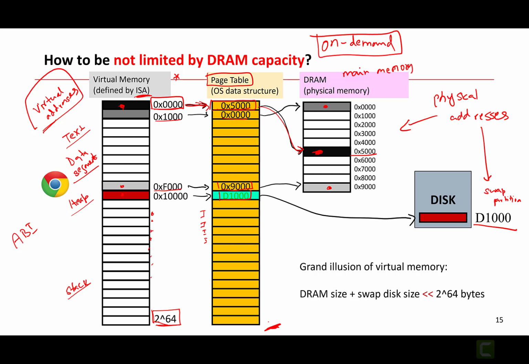Now if you think about it, the overhead of such a translation table will be huge, because we have a huge number of addresses. We don't even have space to store data in all those locations. It would be unacceptable to have the page table be big enough to store an entry for each one of these valid 2 to the power of 64 memory locations.